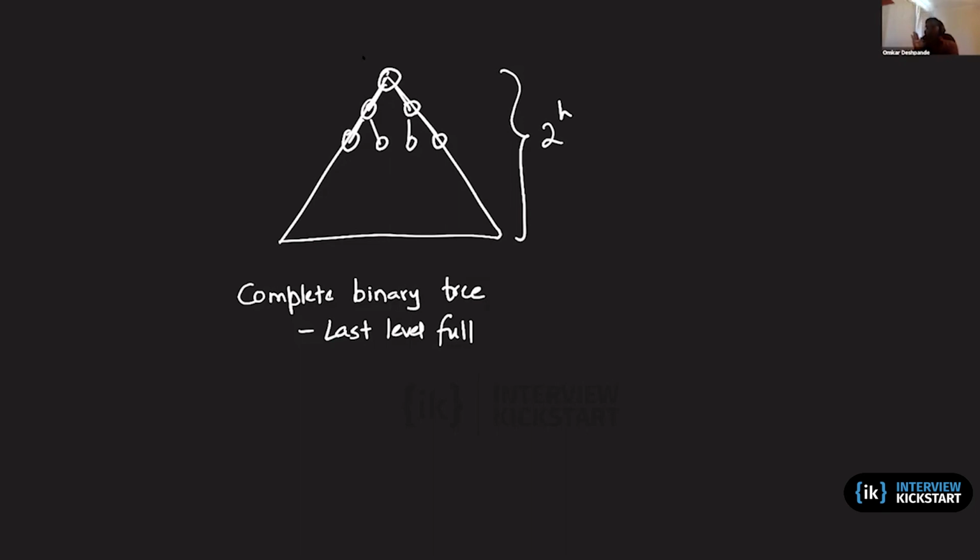So, can we design a balanced binary search tree with this type of structure? Well, the last level need not be full, because if the last level is full, we are assuming that the number of nodes we have is exactly of the form 1 plus 2 plus 2 squared, all the way up to 2 to the power h. In other words, this is just 1 less than some power of 2.